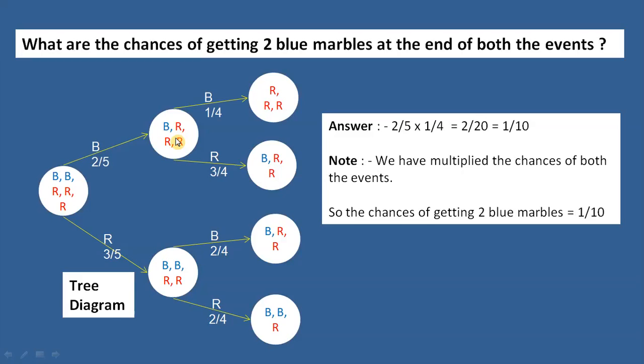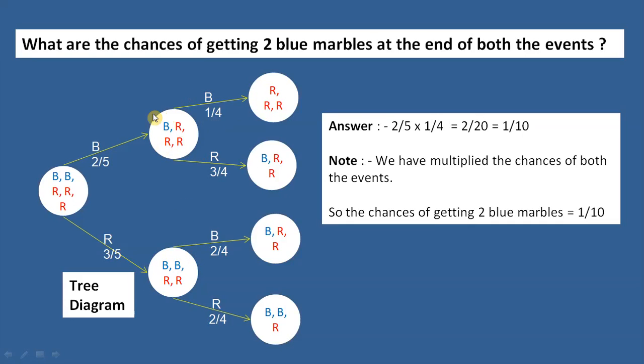And in the second event, the possibility of getting a blue marble is 1 by 4 if we get a blue marble in the first event. On the other hand, the possibility of getting a blue marble in the second event is 2 by 4 if we got a red marble in the first event, because in both these cases the sample space is changing.